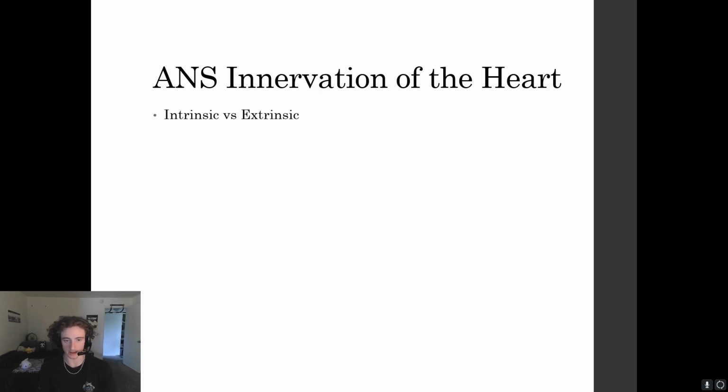So the extrinsic component of the autonomic nervous system, for the sympathetic system, is going to arise from the gray matter of T1 to T6, and these sympathetic fibers are going to play a role in increasing the heart rate, increasing the contractility of the heart, and stimulating inotropy, which is the force of contraction. So this is done in the sympathetic system by noradrenaline binding to beta-1 adrenoceptors.